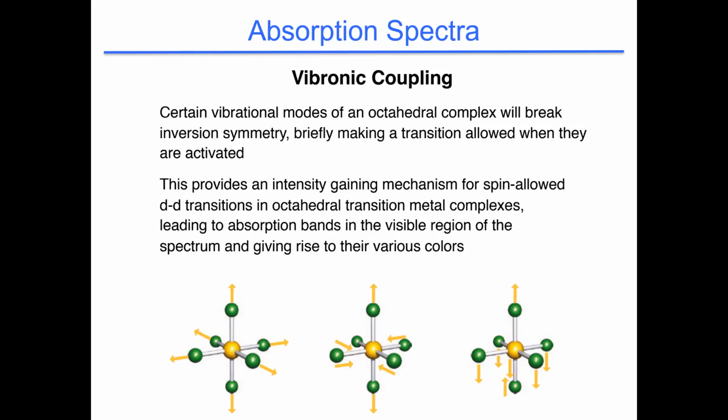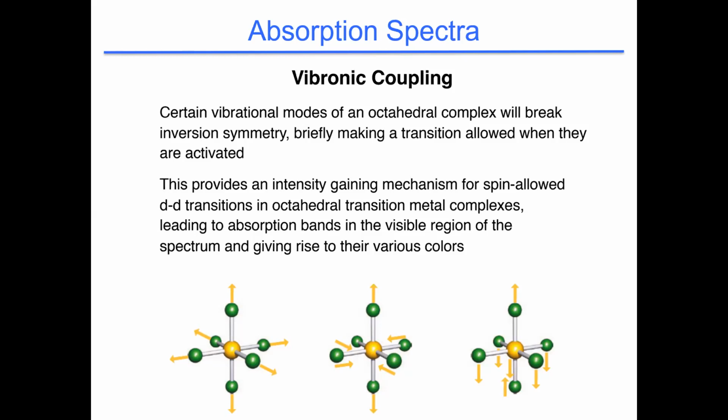Additionally, while you're interpreting your spectra, it's important to keep in mind vibronic coupling. This is just the concept that certain vibrational modes of octahedral complexes will break the inversion symmetry, which briefly allows the transition to occur.